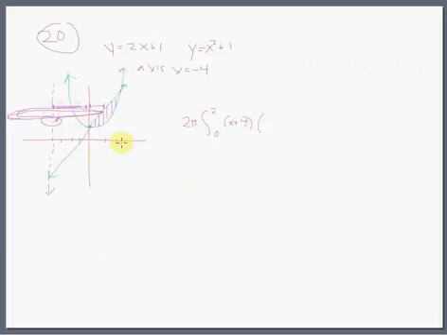Then we need the height of each of these segments, which is going to be the top equation minus the bottom equation. So we get the 2x plus 1 minus x squared plus 1. And then we are integrating with respect to x.